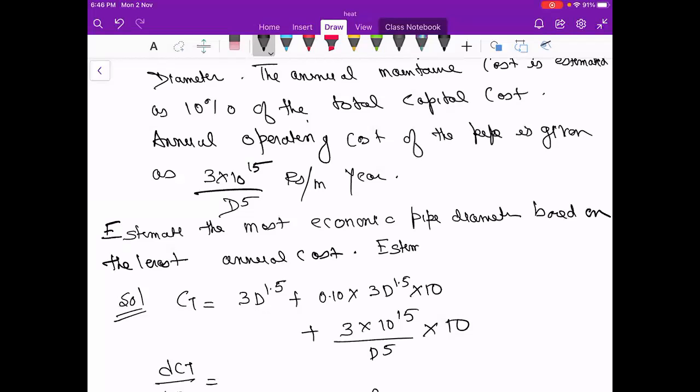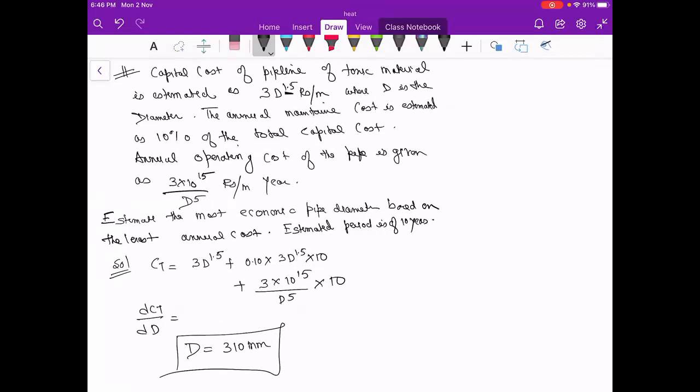Sorry for that, I have left that data. Estimated period is of 10 years. This data I have missed, that's why so many students are asking why 10. Now it's comfortable for all.